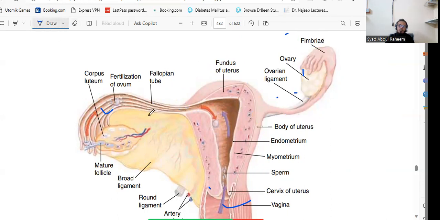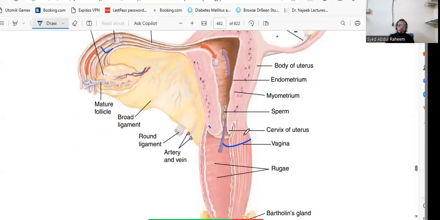Here we have the ovaries, fallopian tubes, the uterus, and the ligaments. On both sides we have small arteries and veins. These are the follicles, primary follicles.